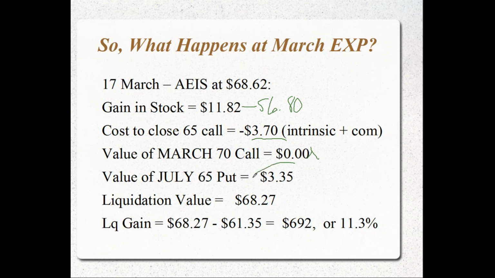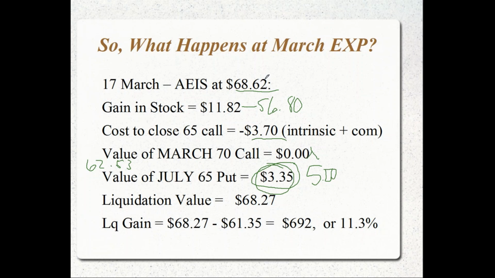That July put that we paid $5.20 for when the stock was trading at 62.53 is now still priced on March 17th at $3.35. It's out of the money, but this is all time value on the position. Okay, I still have 4 months of time value remaining, so it's priced at $3.35.